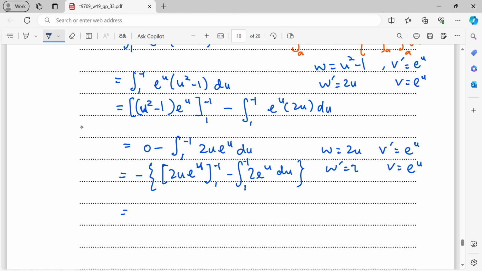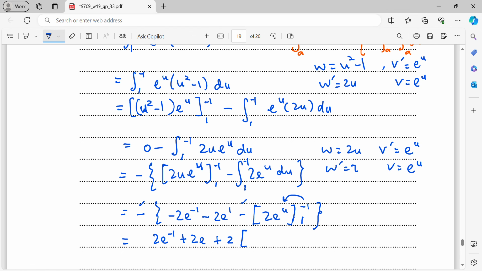Okay, then from here, just replace. I will replace u by negative 1 first, so minus 2e^(-1), minus, when the u is 1, 2e^1. Then when you integrate 2e^u, it will be 2e^u. Then from here, minus minus is a plus, so 2e^(-1), again plus 2e, and then this minus and minus again plus 2. I replace the u by minus 1, so e^(-1) minus e^1.